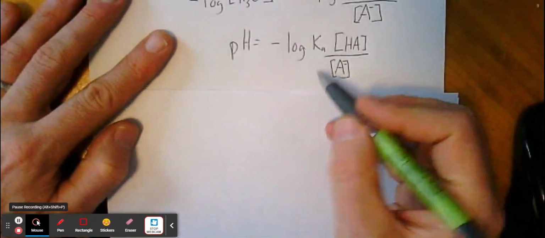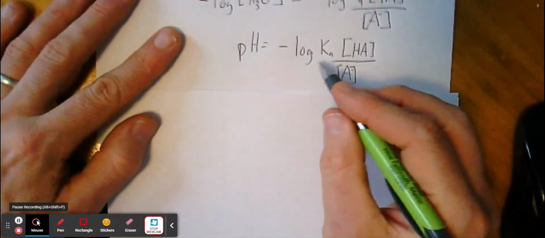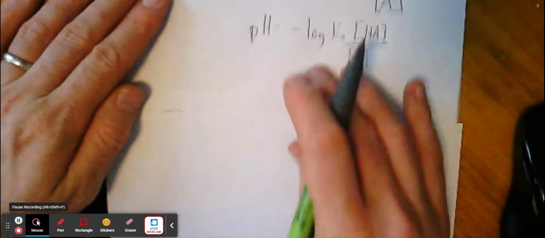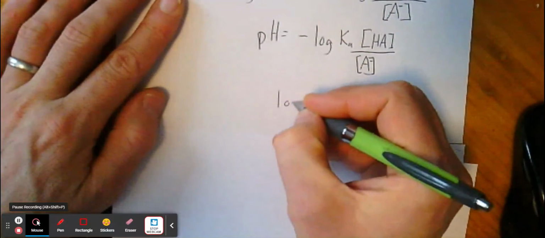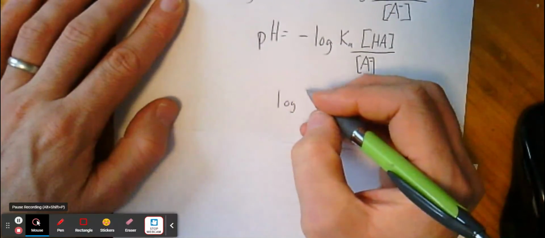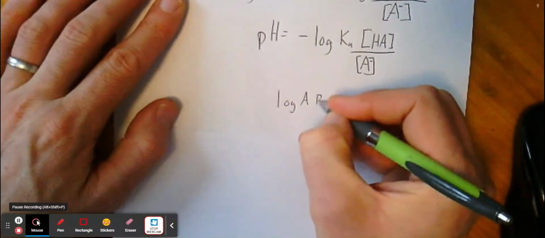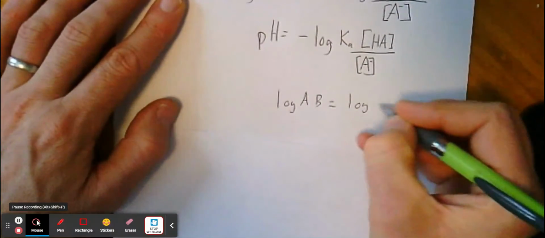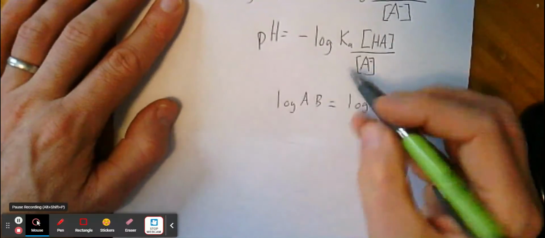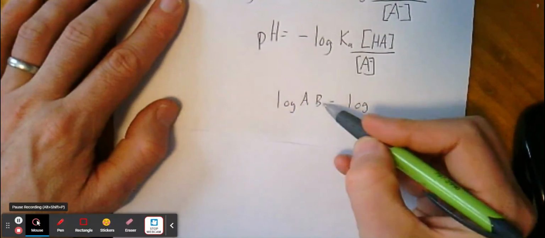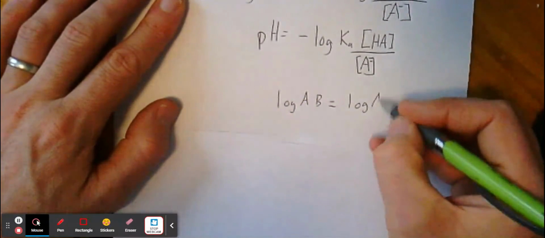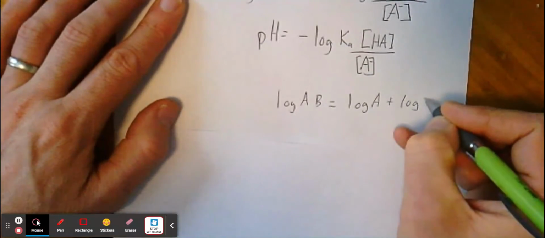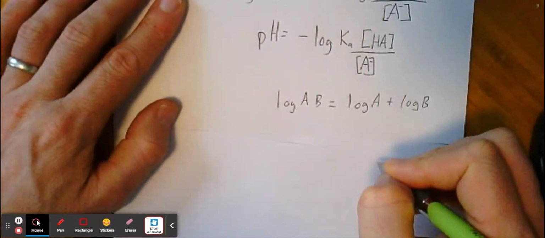Now, there are some interesting properties of logs that are applicable here. The log of AB, not natural log, the log of A times B is equal to log of A plus log of B. All right?